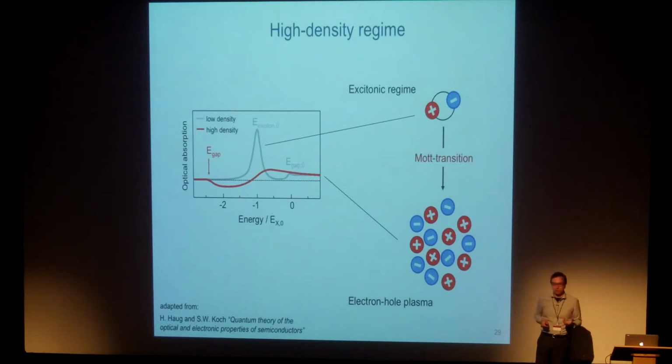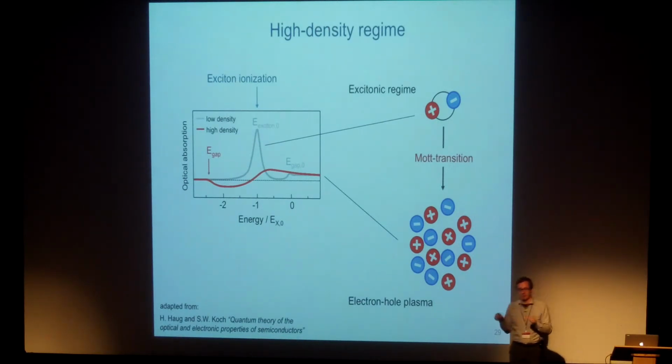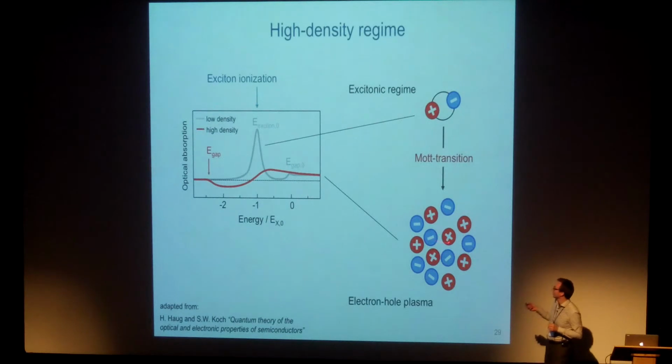And if we think about screening, the screening alone in this regime will make the Coulomb interaction ineffective enough to make the binding energy of the exciton go to 0. We will have complete ionization of the state. Of course, thinking about fluids, there is still a correlation between the two. So if we would look, let's say, at the probability of finding a hole next to an electron, it will still be finite. But there will be no bound state.